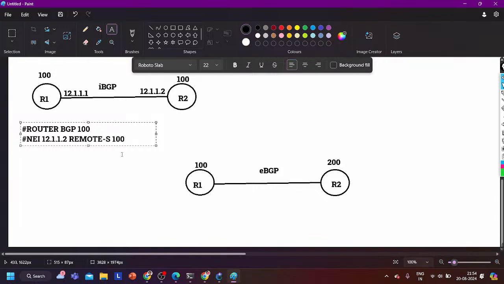With this command, the router will get to know two pieces of information. One, what is the IP address of my neighbor? Second, what is the AS number of my neighbor? The AS number of my neighbor is 100 and my AS number is also 100.